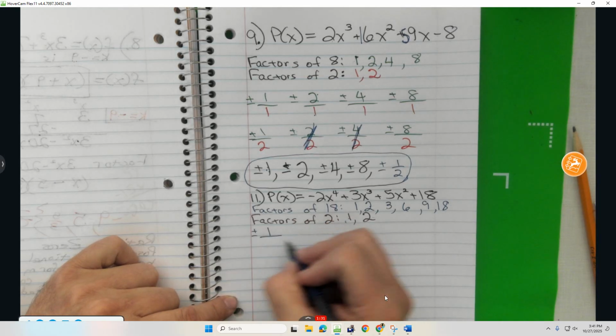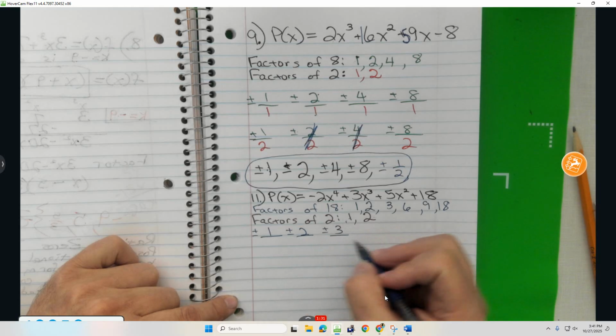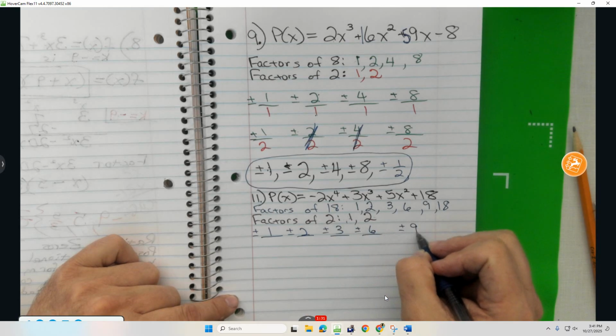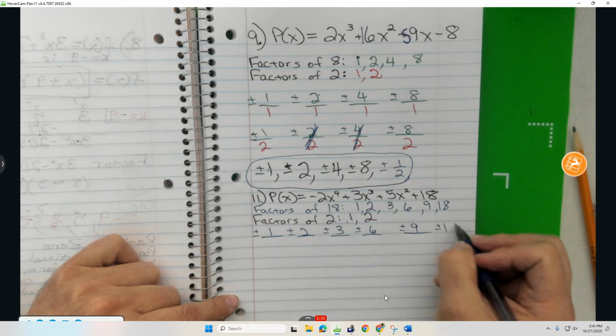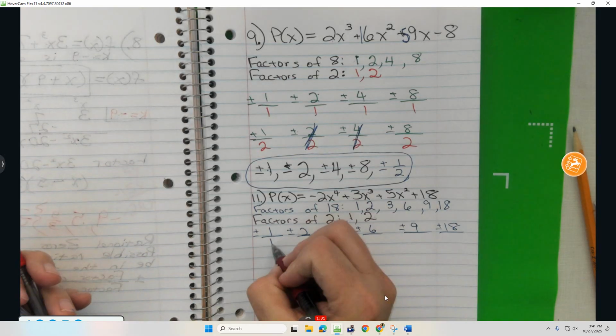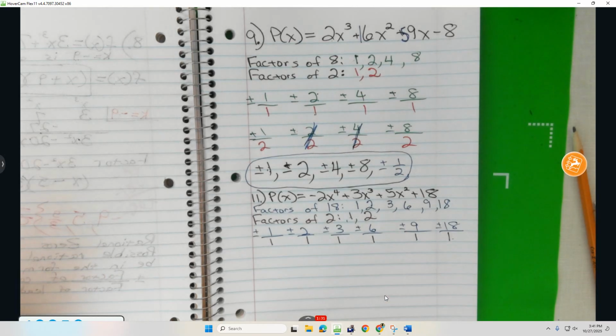Okay, so like getting all the whole numbers. So 1, 2, 3, 6, 9, and 18. Put all of those over 1. None of those will be fractions.